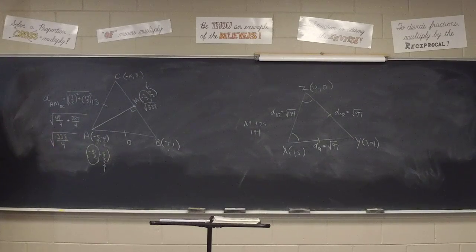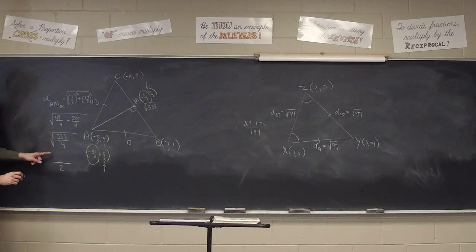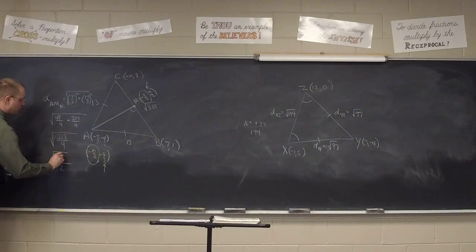Well, the square root of 338 fourths, which I might be able to reduce, does this divide by 4? No, it doesn't divide by 4 evenly. That's a shame. I could reduce it down, but remember, I want to take the root of the denominator. Remember, we talked about having a rational denominator. So what's the square root of 4? 2. Can I reduce, because this is my final answer, so I do have to reduce it if it does. The square root of 338.